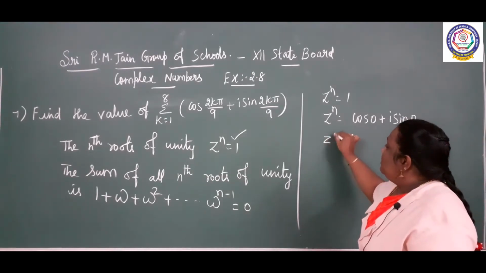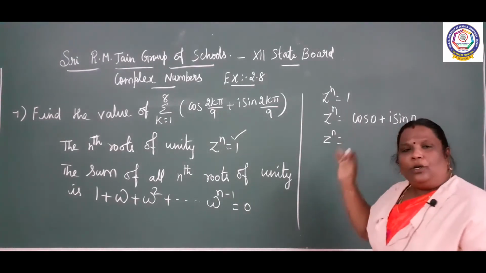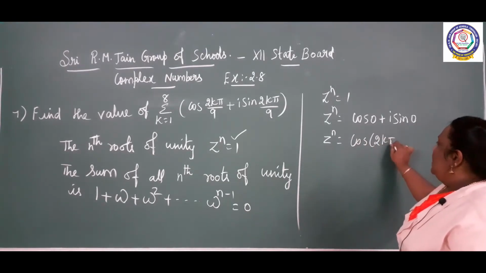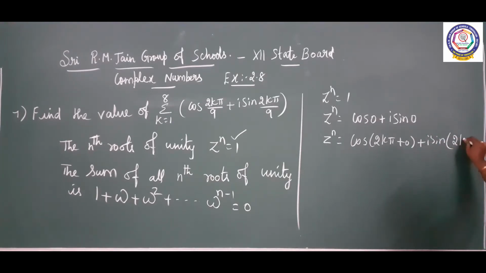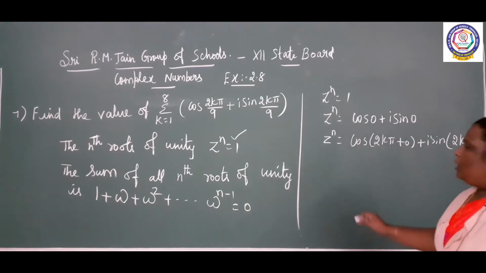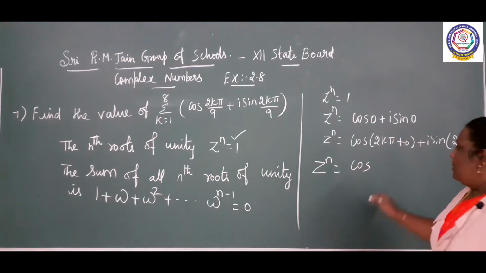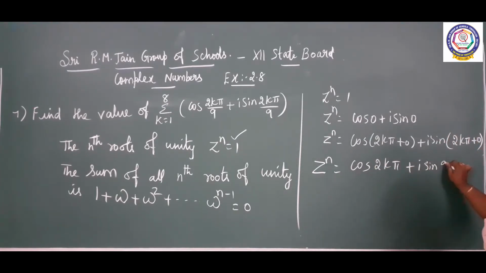Z power n equal to, you can add 2k pi here itself: cos of 2k pi plus 0 plus i sin of 2k pi plus 0. So the value of z power n is equal to cos 2k pi plus i sin 2k pi.